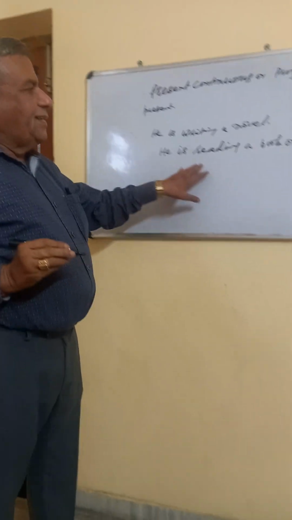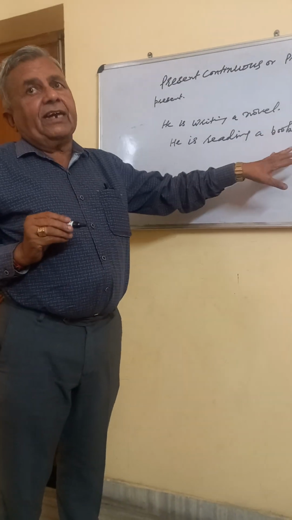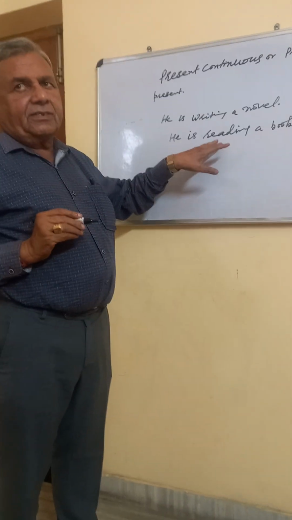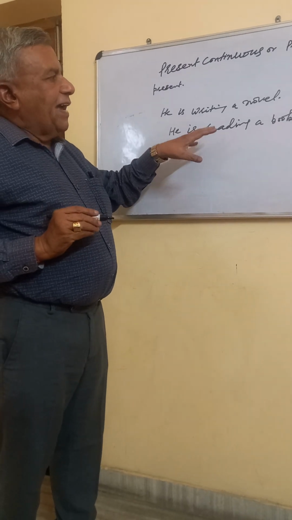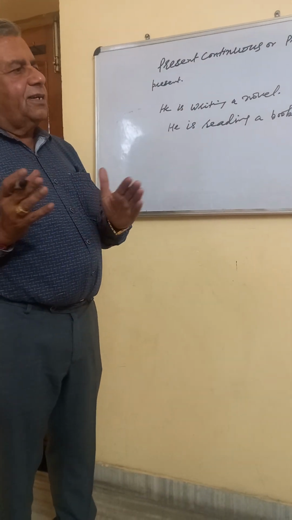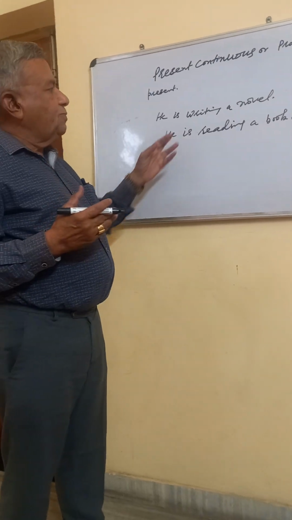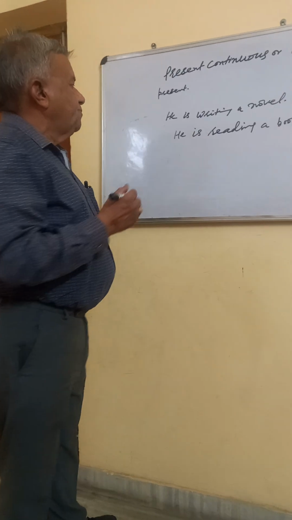This also implies that he has started reading this book and it is an ongoing activity. So it may not be happening at this moment when this is being told. So when some activity is a longer one and its process has already started, then we use present continuous to explain such activities also.